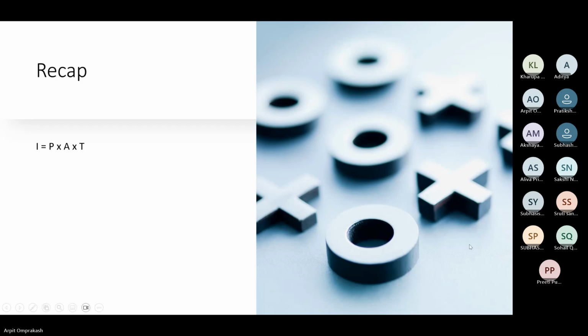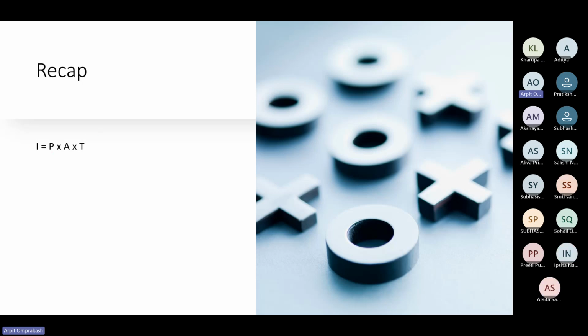Okay. So, as we learned before in the previous lecture, how we quantify human impact is basically by these three things. One is P, which is population, A, which is affluence, and T, which is technology. We saw that technological advances can lead to better technologies and more eco-friendly technologies, which have lesser impact on the environment.